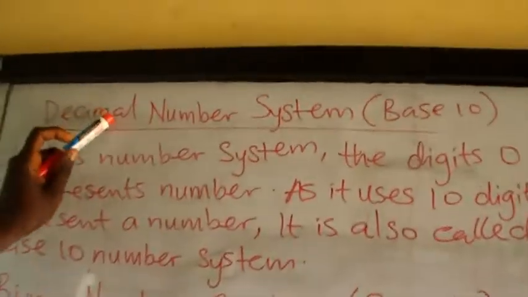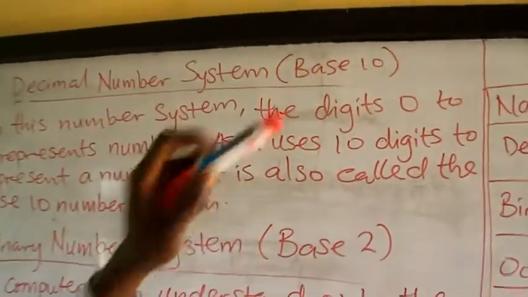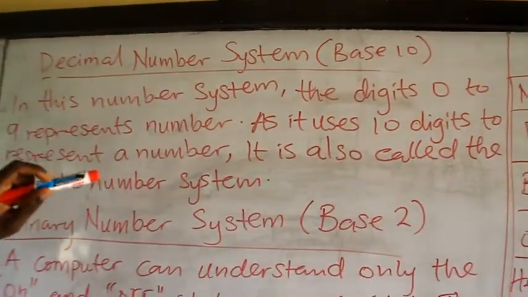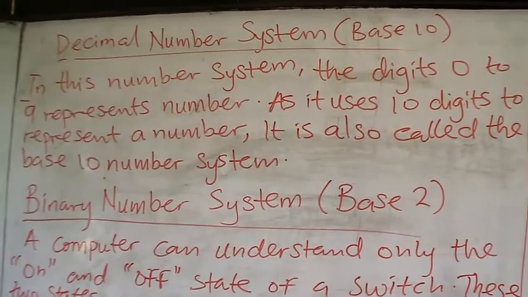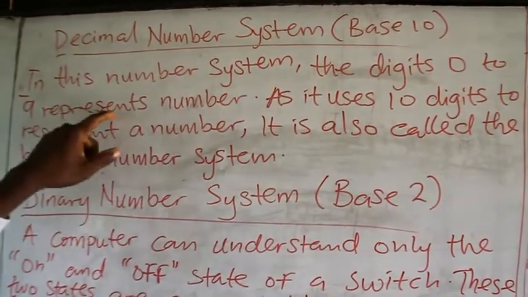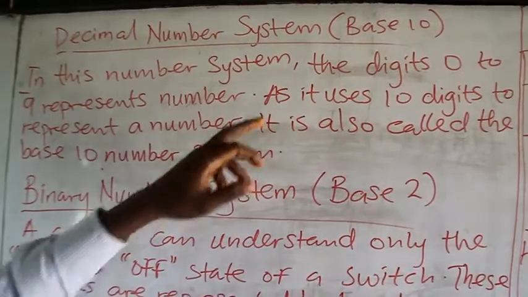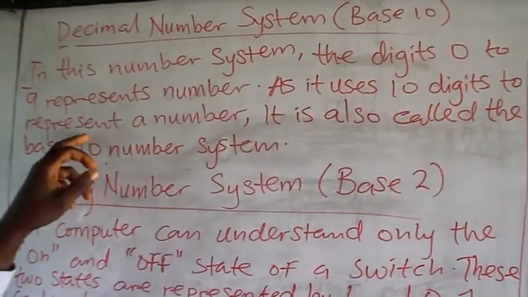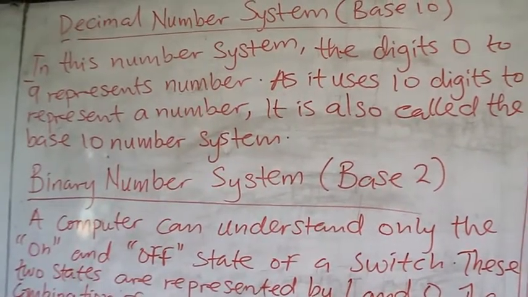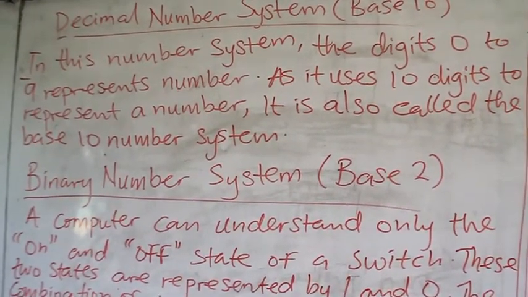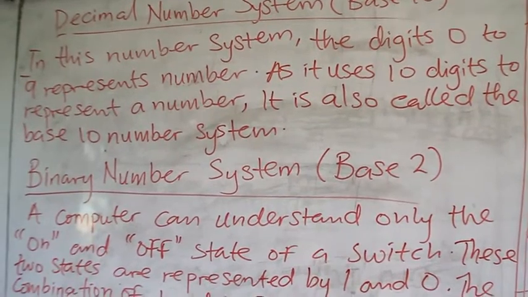The decimal number system is in base 10. In this number system, the digits 0 to 9 represent the number, as it uses 10 digits to represent a number. So in the base 10 number system, we have 10 digits, and those 10 digits consist of numbers from 0 to 9.